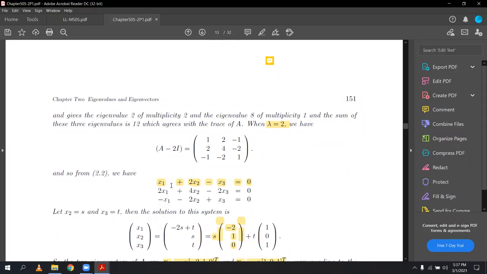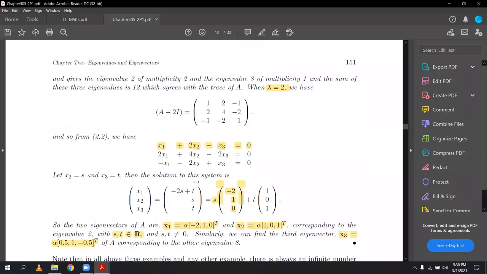So how many equations do you have? One equation. And how many variables? 3. It means we have to choose 2 elements by ourselves. Remember previously we chose either x3, only one. But here, since we have 1 equation and 3 variables, we have to choose any 2 of them.